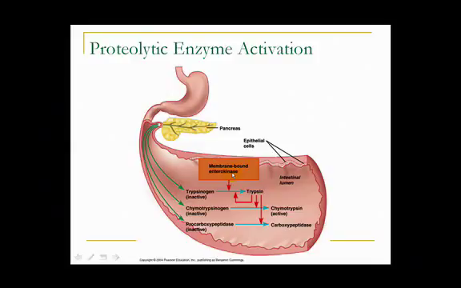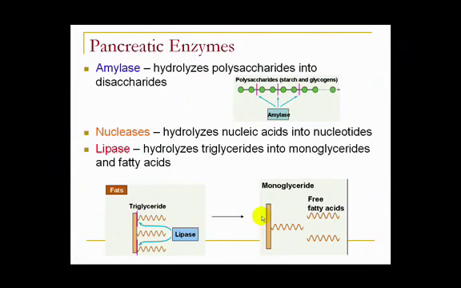So it's a membrane-bound enzyme, or we call those brush border enzymes. And this enzyme activates the trypsinogen into trypsin. And then trypsin is the enzyme that then activates the other 2 into their active forms. So those are proteolytic enzymes, 3 of them, that start breaking proteins down into smaller peptide fragments.